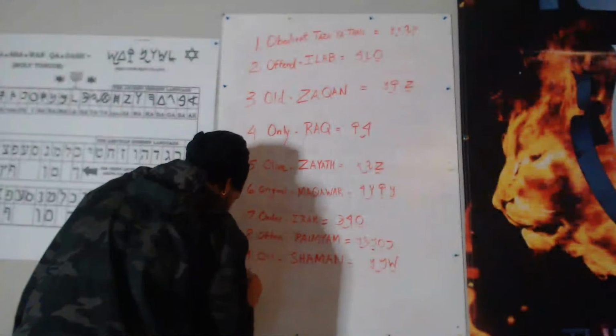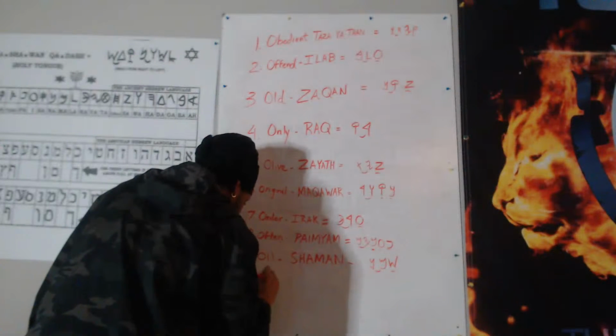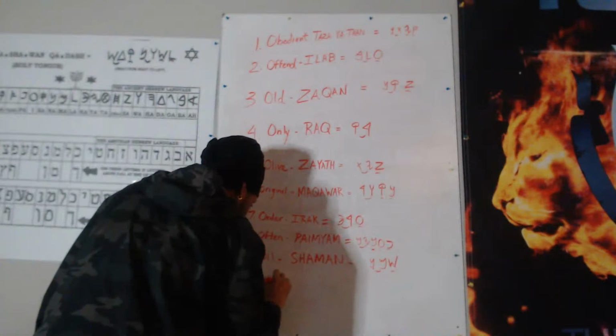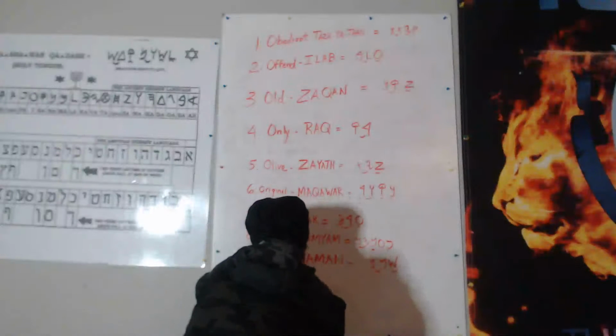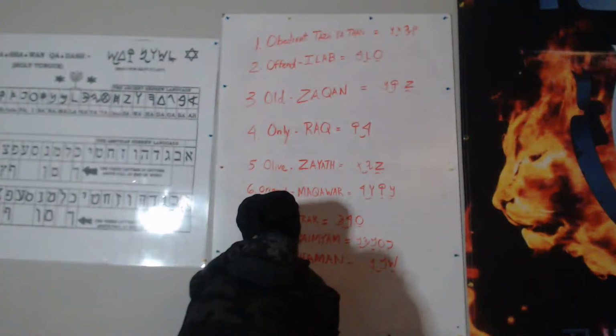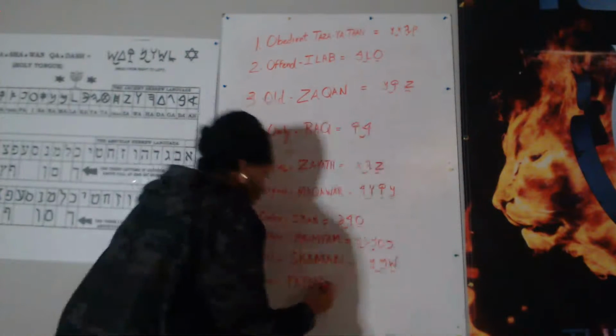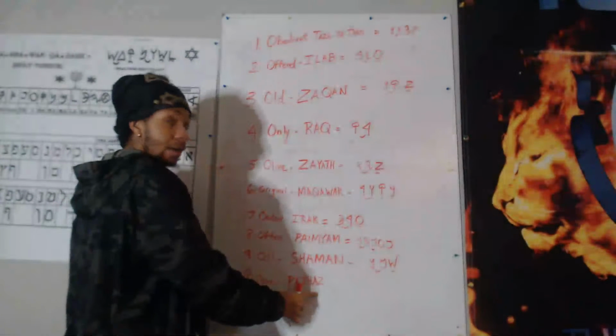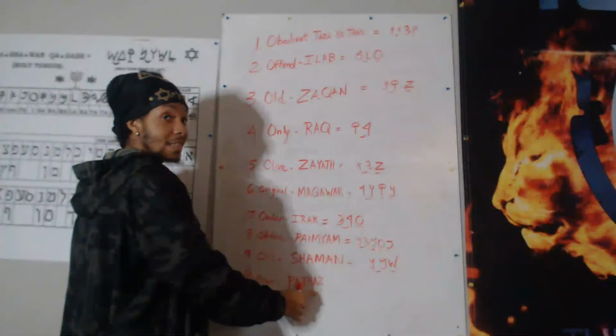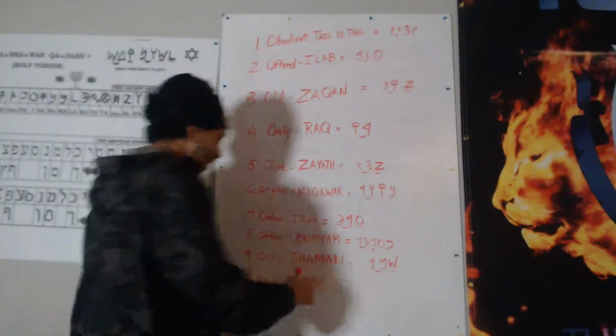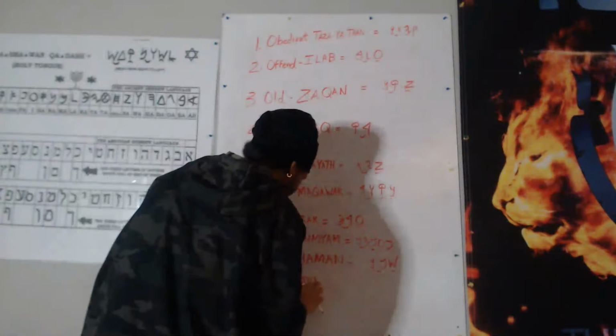What's the last one? Open. Yeah. Okay. How do you say that? Patach. How do you say it? P-A-T-H-A-C-H. C-H. Okay.